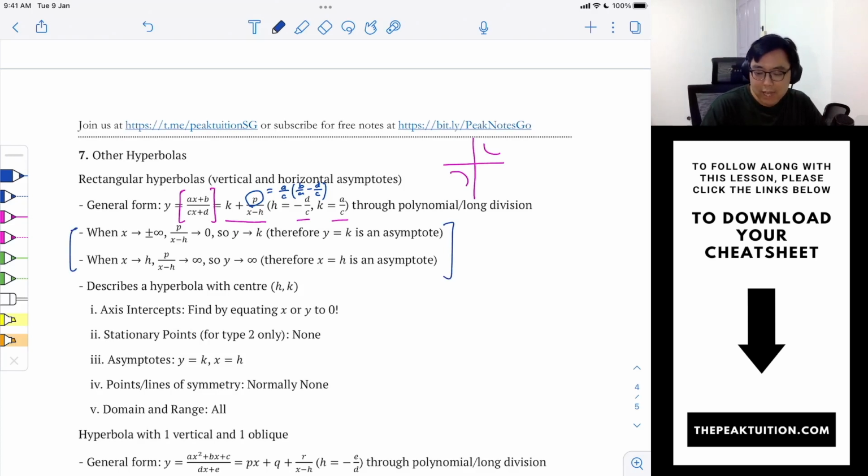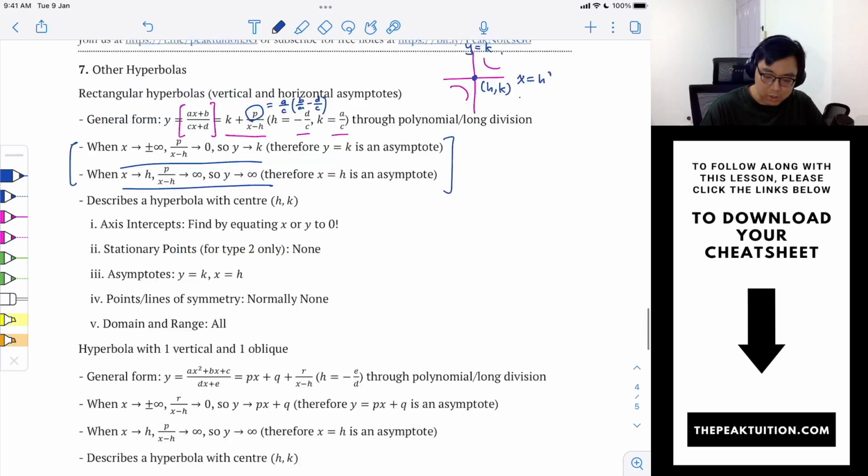If your 1 over x graph is centered at (h, k), then naturally your asymptotes will be x equals h and y equals k, right? So if you're not convinced by me saying that the 1 over x graph is shifted, just follow through this argument and it should be convincing.